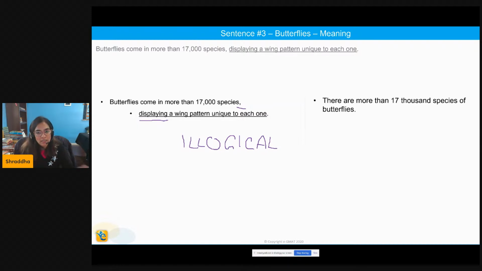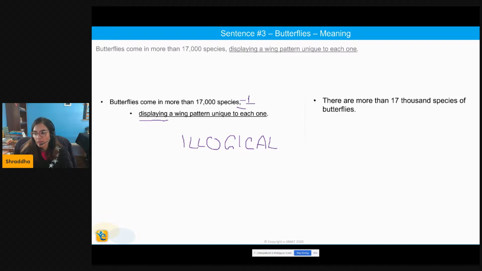Shall we just abandon the sentence here and start looking at the answer choices? No, we will try to figure out what it is that the sentence really wants to say. The sentence wants to say that the butterflies come in 17,000 species. That's one piece of information.